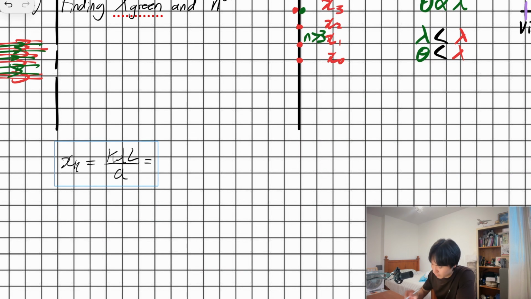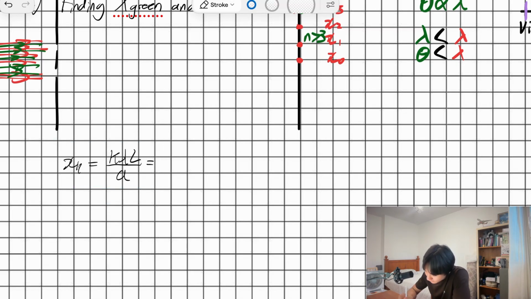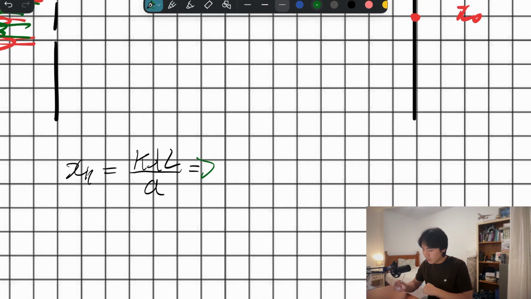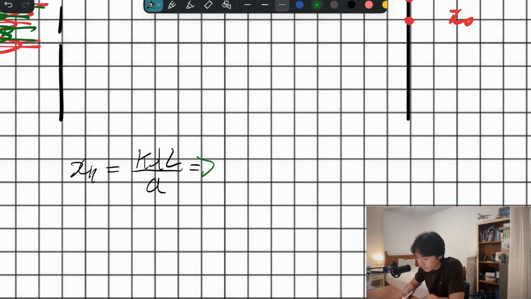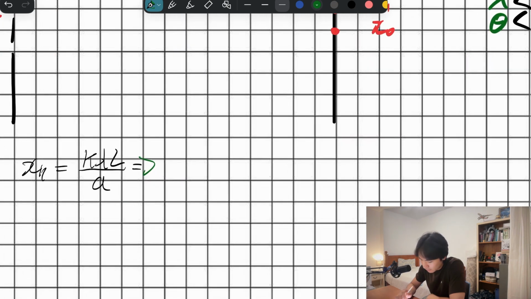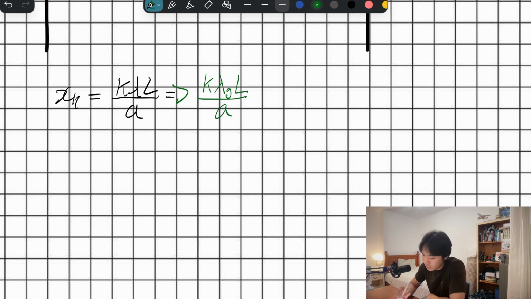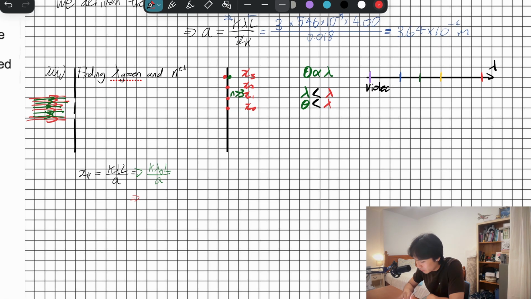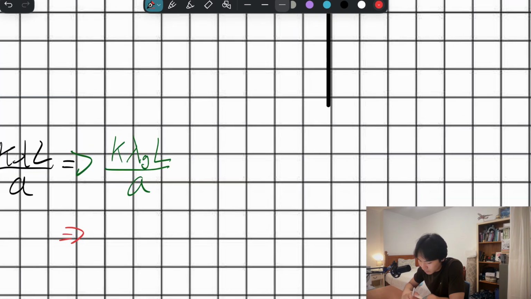We know this equality is true. So this implies, for the green wavelength, let's say it is going to be k times lambda green, let's just call that lambda g, times L all over A, aperture A. Whereas for the red wavelength, we know that k is its third maxima, so k is equal to 3.